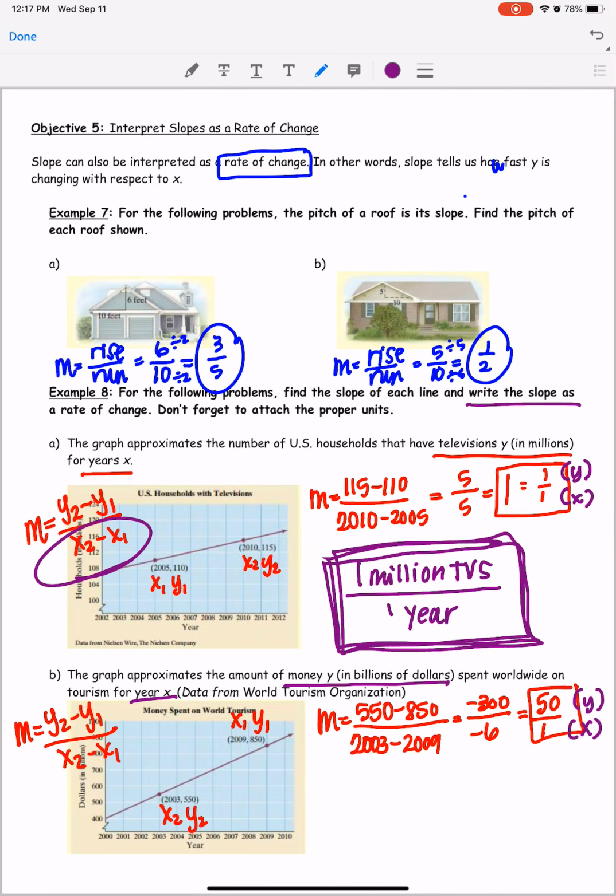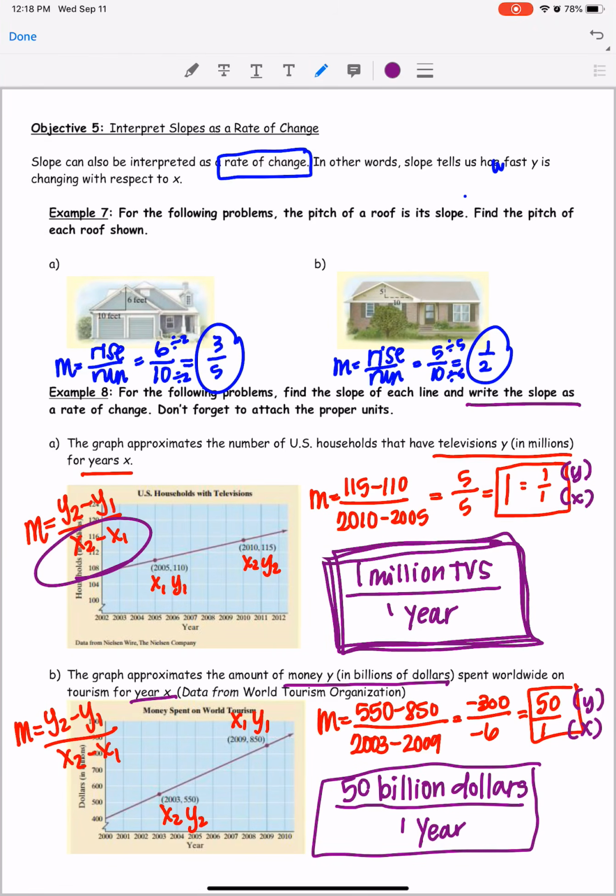So my Y represented money, so we have 50 billion dollars. If you have room, you can put on tourism. Over X represented years, so 1 year. So the slope is representing that they spend $50 billion for every 1 year on tourism. So this is my true final answer.